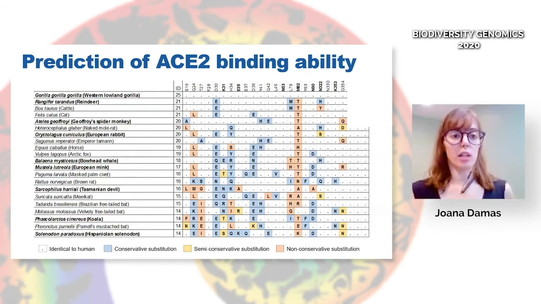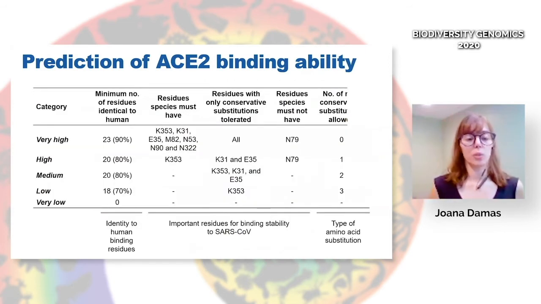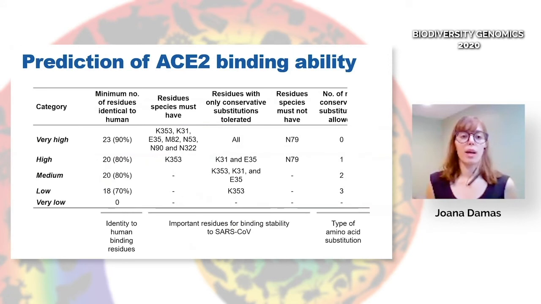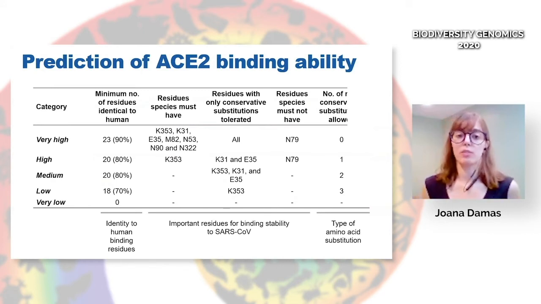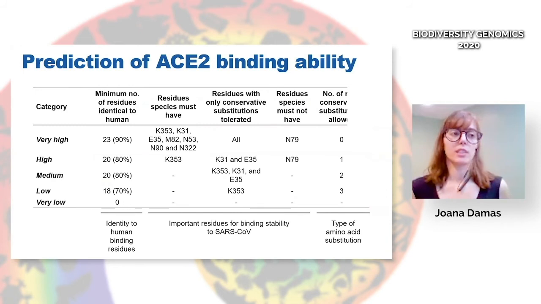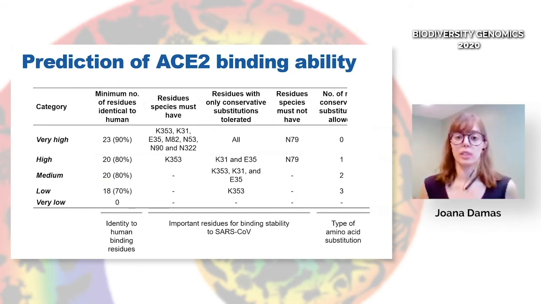Our prediction algorithm classifies ACE2 sequences into 5 different groups, from a predicted very high to very low binding ability to SARS-CoV-2. As I mentioned, it was primarily based on identity to the human binding residues, but we also had some more specific rules in 8 different positions, because we knew that these residues were important to maintain binding stability of SARS-CoV, the previous SARS virus, which also uses ACE2 as a cellular receptor.